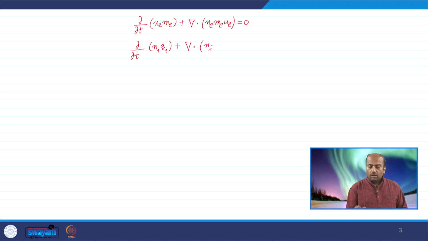So I'll write it as dou by dou t of Ne Me plus del dot Ne Me ue is equals to 0. Similarly, after multiplying equation number 2 with the mass of ion, we get dou by dou t of Ni Mi plus del dot Ni Mi ui.